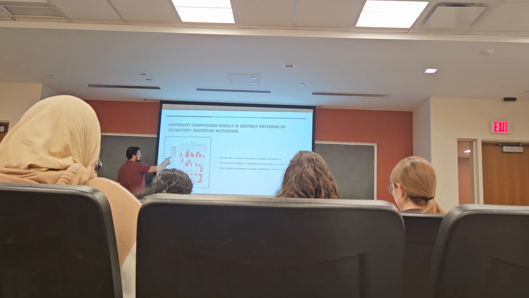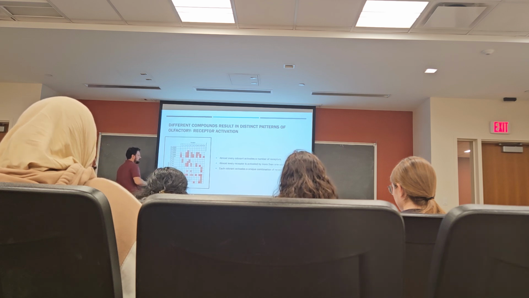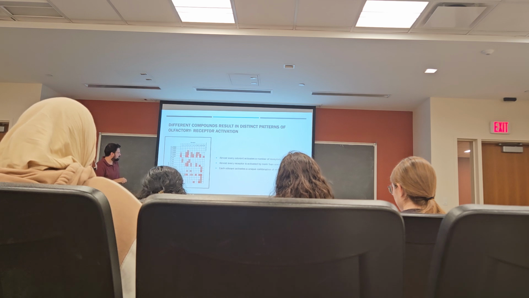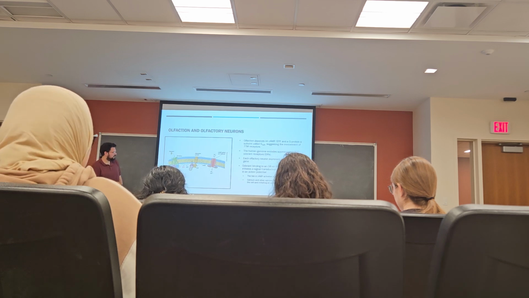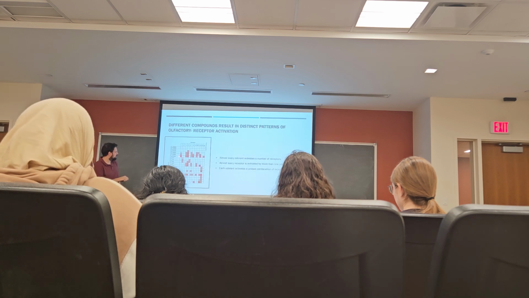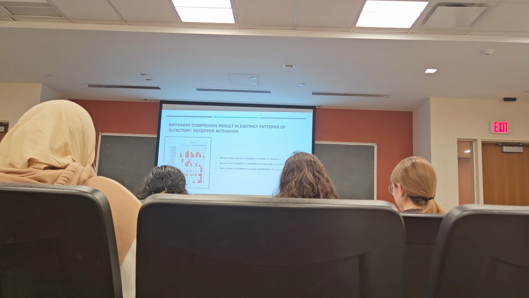So let's see here, this 8 carbons with a carboxylic acid at the end, this is going to trigger multiple receptors. So depending on which cells generate the action potential, our brain puts together which combination of cells led to the production of action potentials, right?